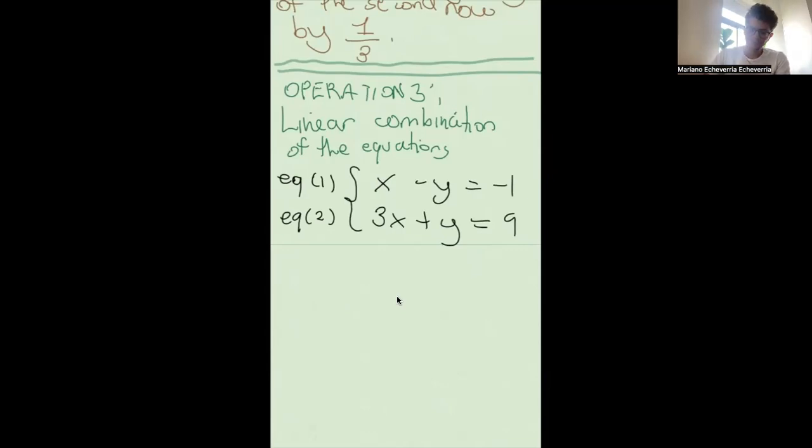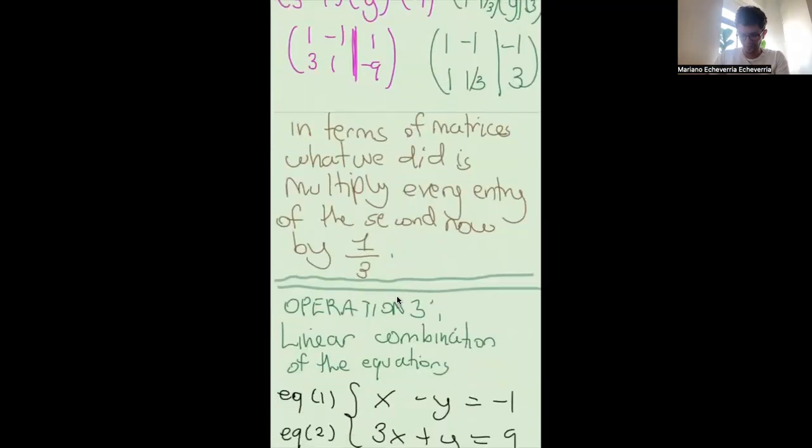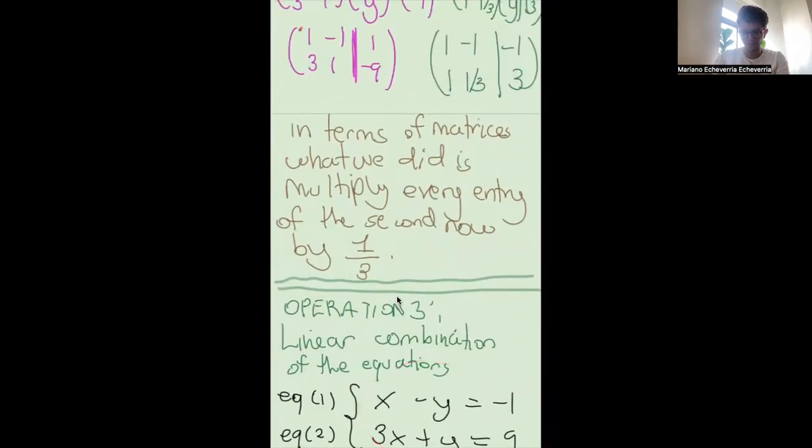The idea to solve systems of equations is that you want to start making a bunch of zeros, or start eliminating some of the variables. So for example, this system corresponds to this matrix.